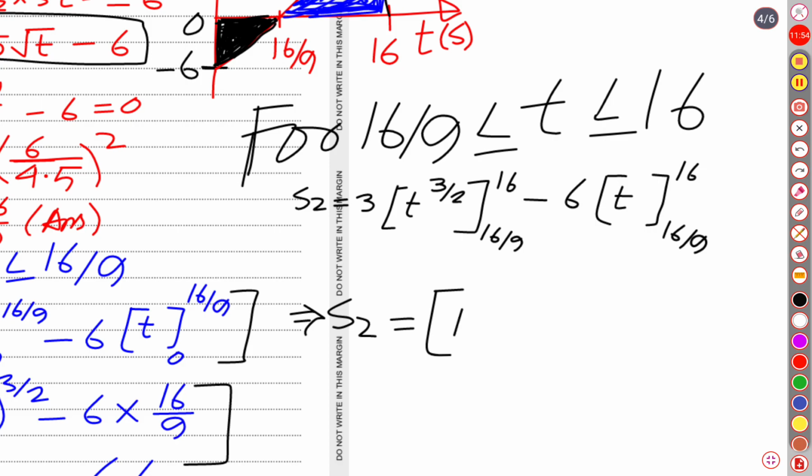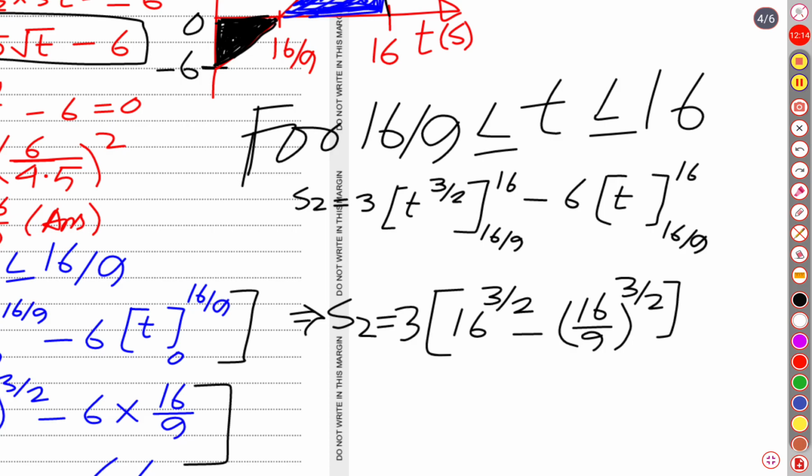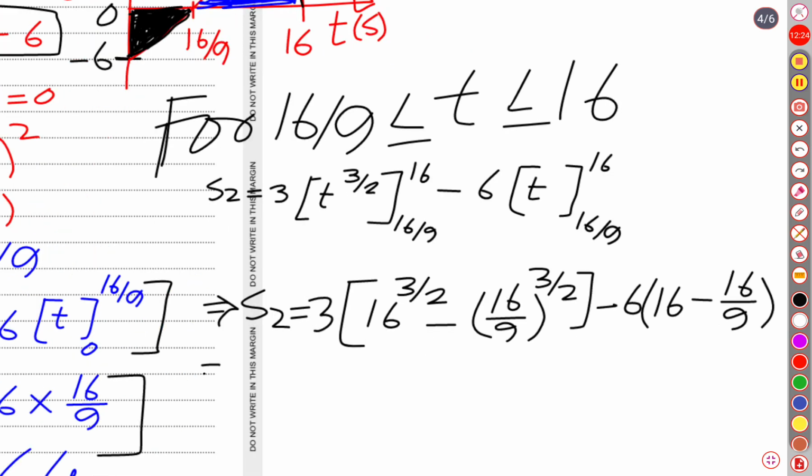So it is 16 square root, raised to 3 over 2, minus 16 over 9, and the power is 3 over 2, minus, outside that there will be 3, here there will be 3, then minus 6 into 16 minus 16 over 9.